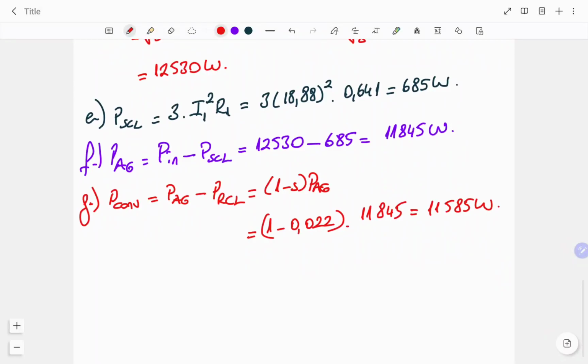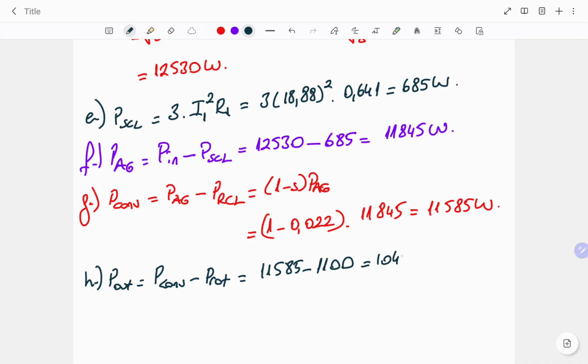And for the output power of the system, from here we can continue with the rotational losses. Output power will be converted minus rotational losses, and 11,585 minus 1,100 watts, which includes the friction, windage, stray, and for this example also the core losses.